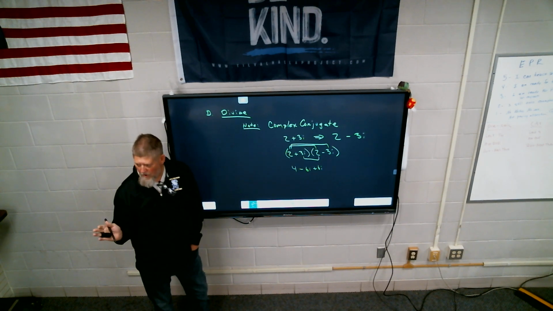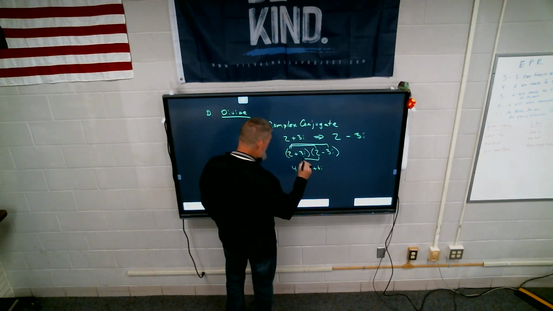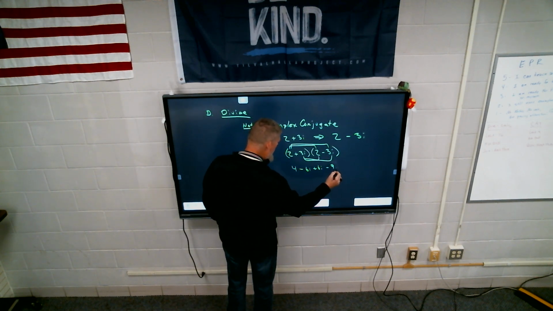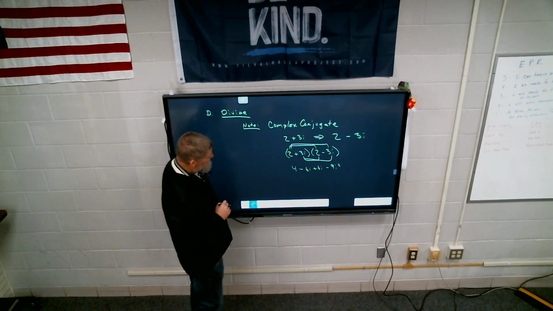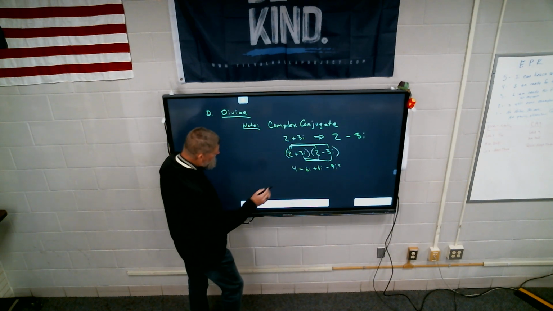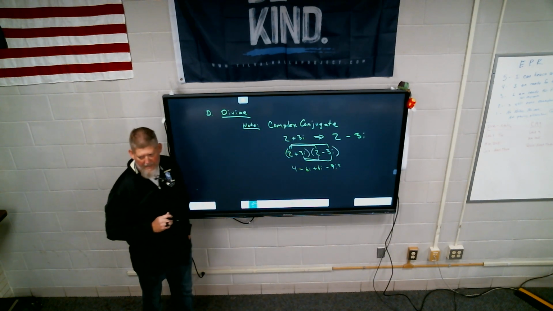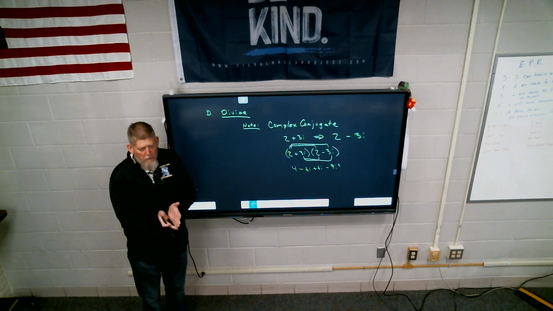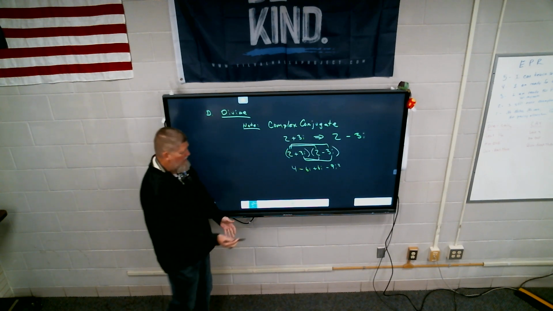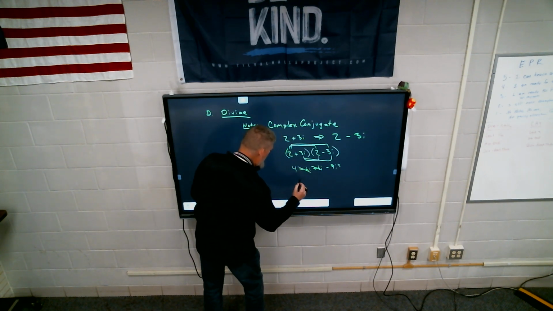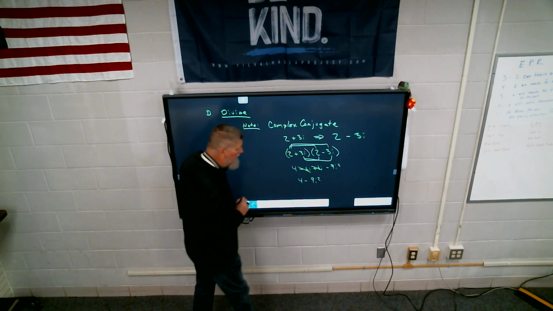It's going to be 0. And then 3i times negative 3i gives me negative 9i squared. So negative 6i and positive 6i, the two middle ones, will always cancel each other out. They go bye-bye. So then I'm left with 4 minus 9i squared.